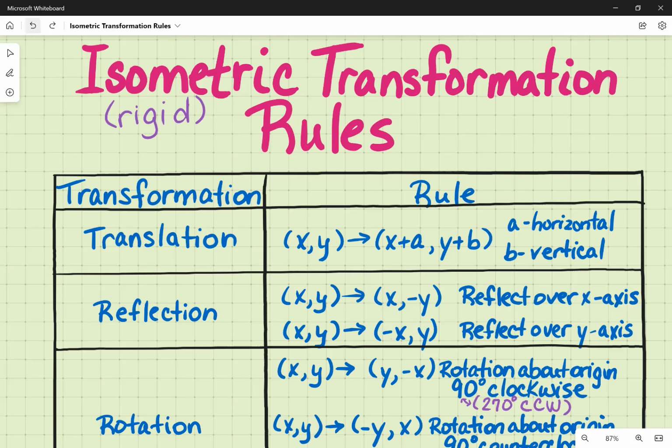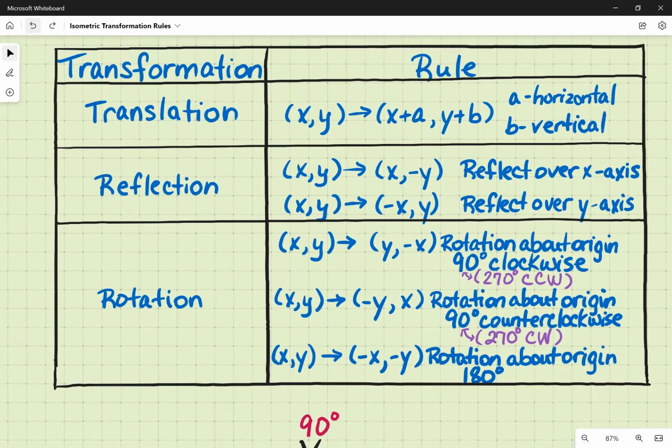If I am trying to rotate, I have a couple of options here. My first option that I am going to discuss is if I'm going from X, Y, I am literally going to rotate my X and my Y values. If I am going around the origin 90 degrees clockwise, which is the same as 270 degrees counterclockwise, then in addition to rotating my X and Y, I'm going to multiply my X by -1.